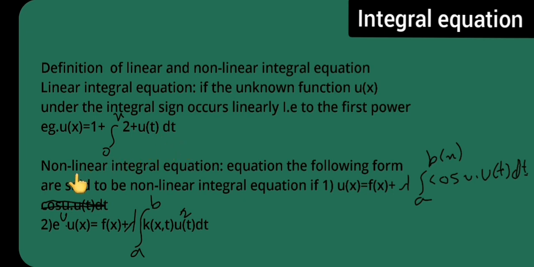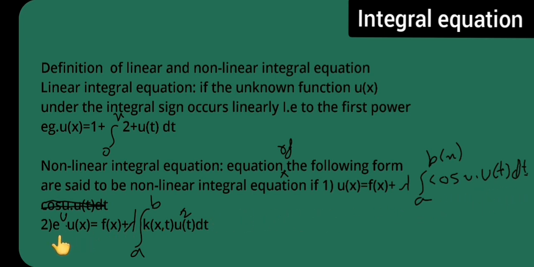I will explain here the non-linear integral equation. Equations of the following form are said to be non-linear integral equations: u of x is equal to f of x plus lambda integral from a to b of x cos of u of t dt.